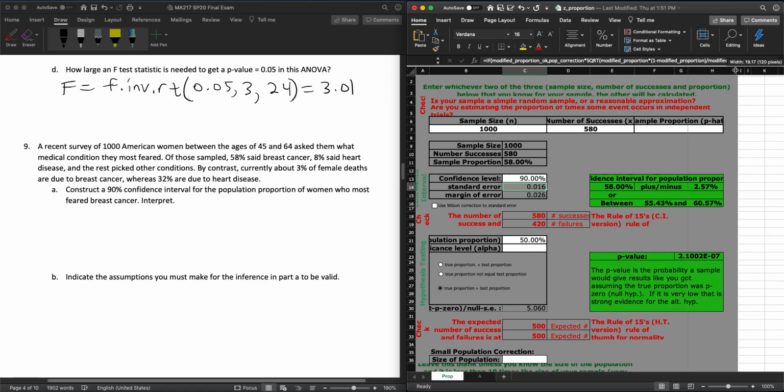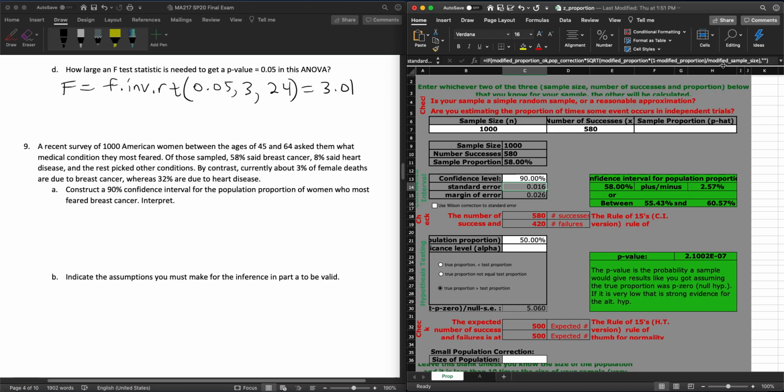So those values are going to be inside this green box. So let me type this out.